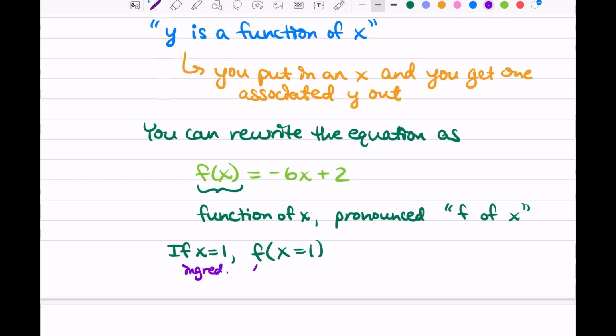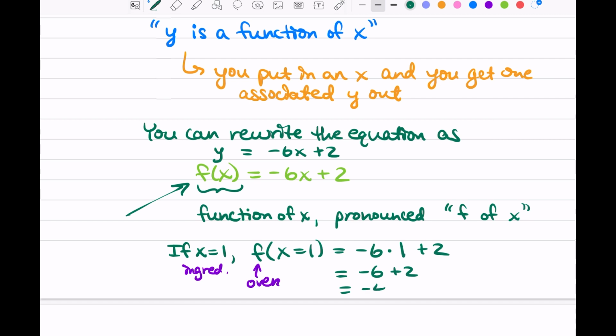Ingredient goes in the oven. F is our function. And then out pops the result. Remember, our function's up here. It's the same as saying y equals negative 6x plus 2, but we're just emphasizing that y is a function. So when we plug that into the equation, we get negative 6 times 1 plus 2, which again gives us our negative 4. So it's the same exact thing.